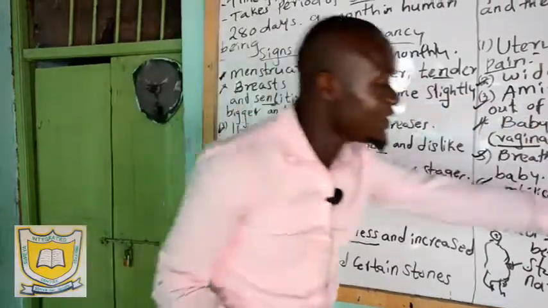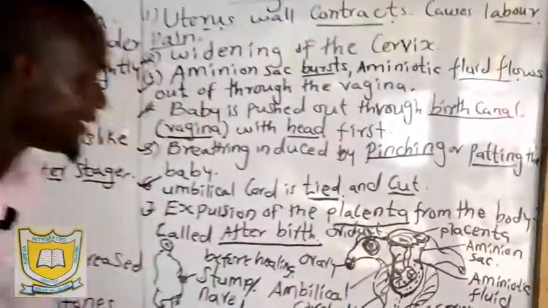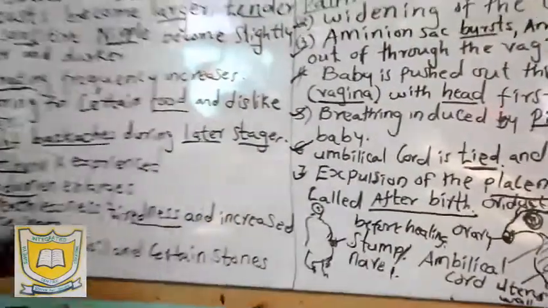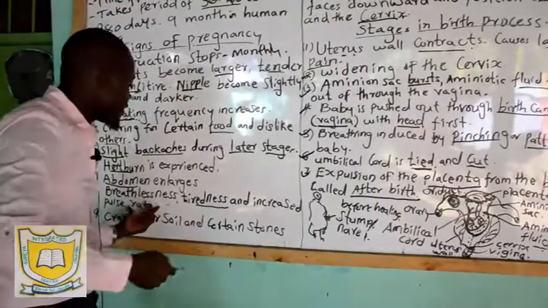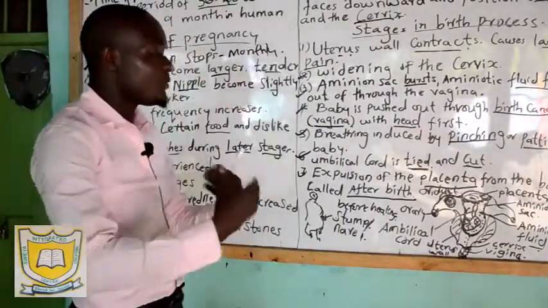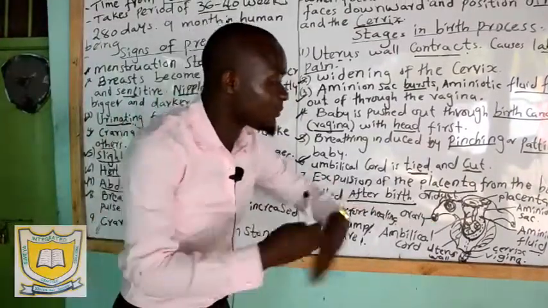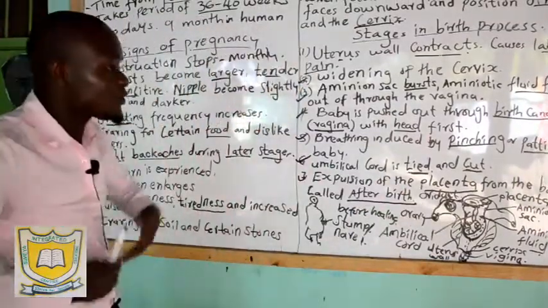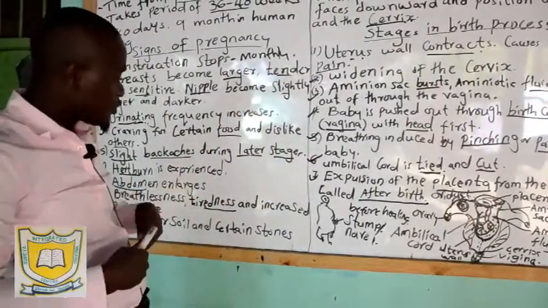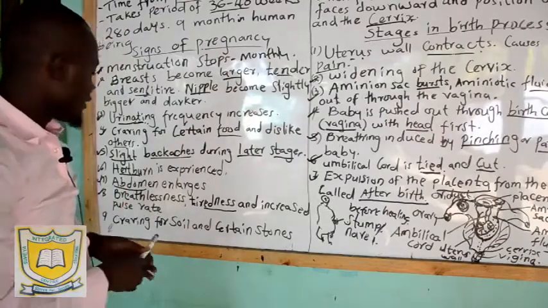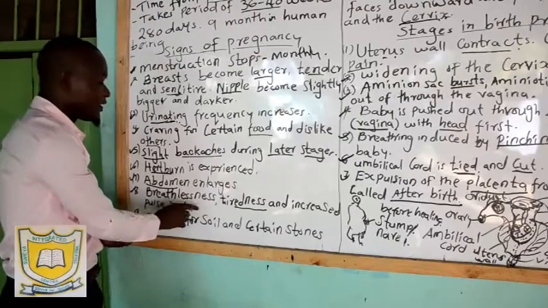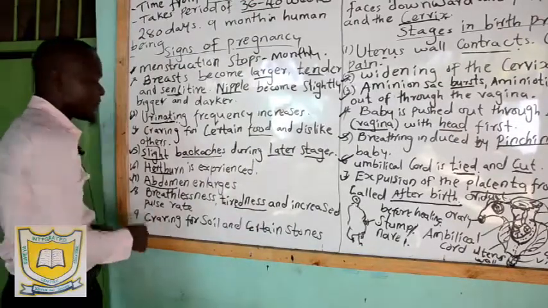This is because the fetus needs oxygen and needs carbon dioxide to be removed. So the pulse rate increases, it means the mother's heart has to pump as fast as possible, so that the waste, carbon dioxide, is released, and oxygen is quickly run into the fetus. So the exchange process of gases occurring in the fetus leads to this breathlessness and also leads to this increased pulse rate.